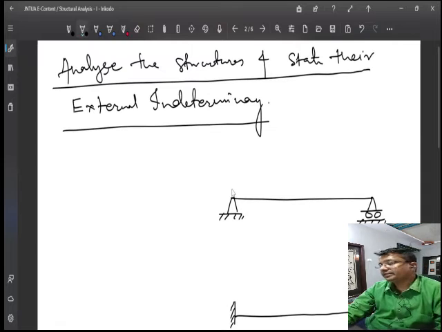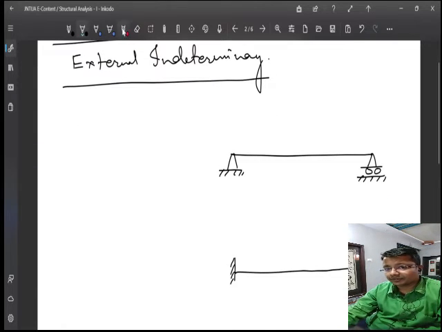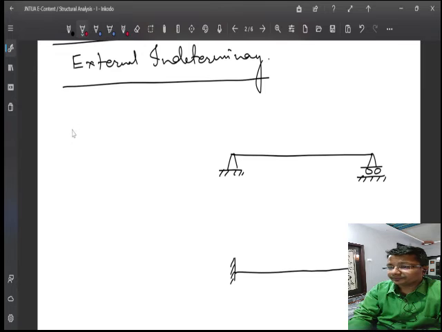So let's determine the external indeterminacy for these structures. For this first example, we have a vertical reaction here, a horizontal reaction, and another vertical reaction.